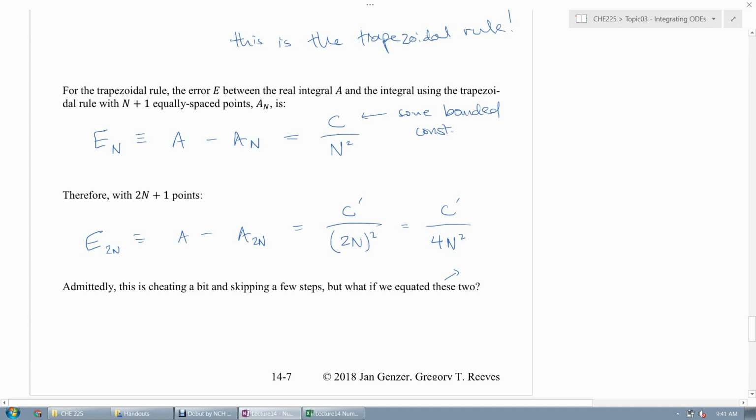By these two, I mean c and c prime. They are not equal to each other. We don't know what they are, but we know that we can put bounds on them. And even though they are different from one another and the bounds are different, they're not that different. So let's go ahead and cheat a little bit, and say that c and c prime are equal to each other.